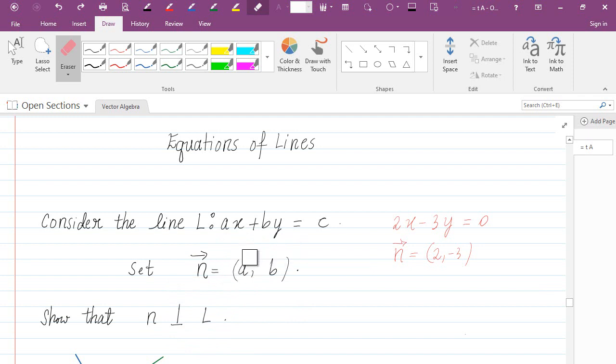In order to read off the coefficients of x and y, we need to make sure that the x and y terms are both on the left-hand side. For example, if I have 2x minus 3y equals 0, then the perpendicular vector n is going to be ⟨2, −3⟩. So my goal now is to show that the vector ⟨a, b⟩ is perpendicular to the line L.